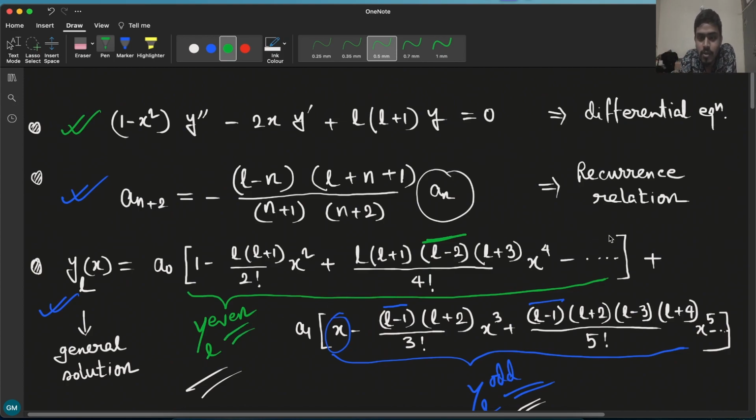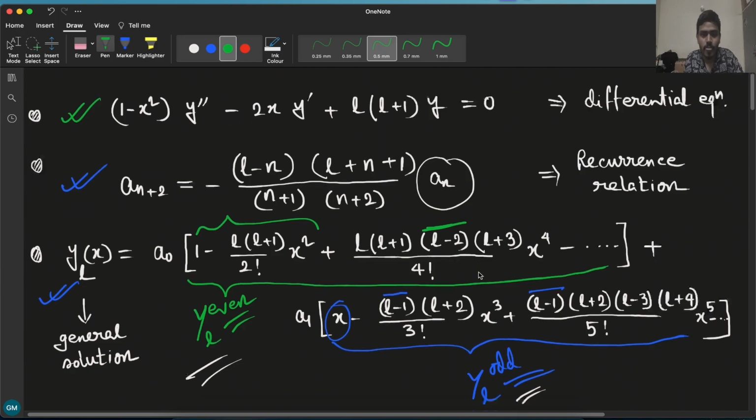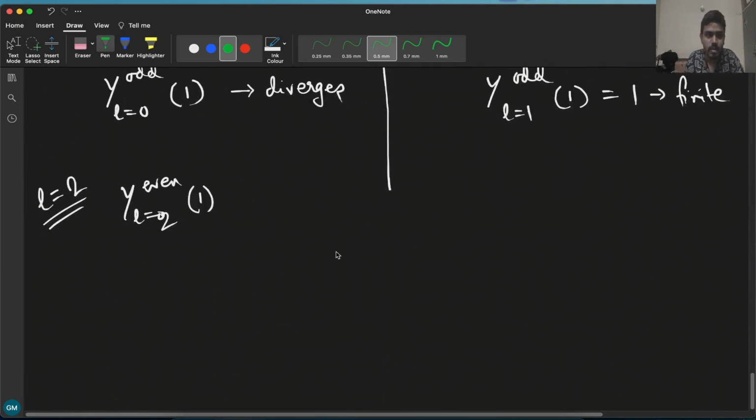And now if I put L equals 2, then the series will get truncated. So it's not a power series anymore, it's a polynomial. So it will have only these two terms, right? And as it's not an infinite series, for x equals 1 it will obviously converge. It will obviously give me a finite value, right? So basically it is finite.